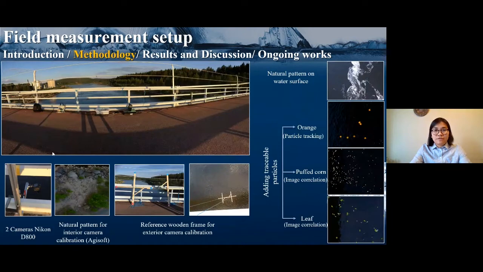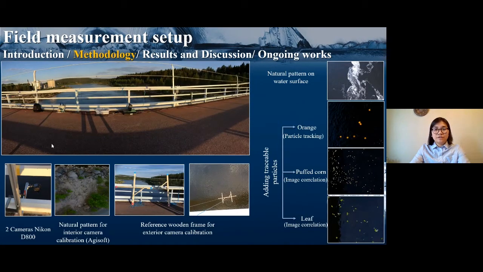The field measurement is very different from the lab because it's performed in a very large measurement volume in natural conditions with wind and sunlight. It is therefore not sufficient to use a checkerboard pattern for camera calibration. Here we perform the interior and exterior camera calibration separately.